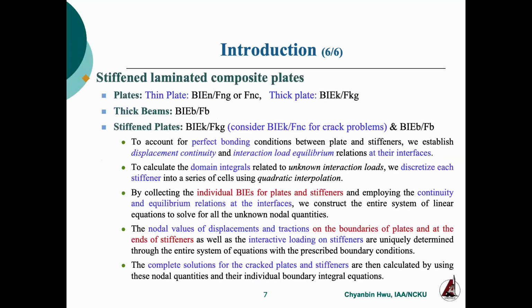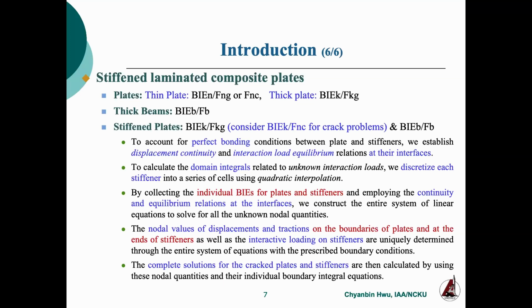And the main topic for us is a stiffened laminate composite plate. So we need to account for the perfect bonding condition. We established the displacement continuity and interaction load equivalence at their interface.